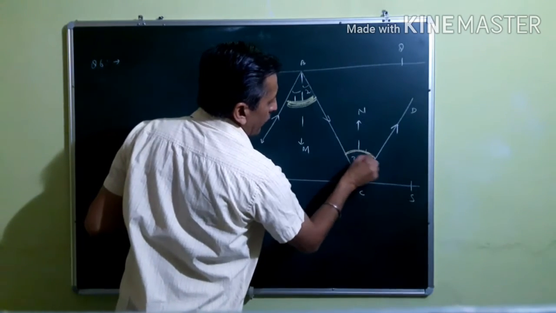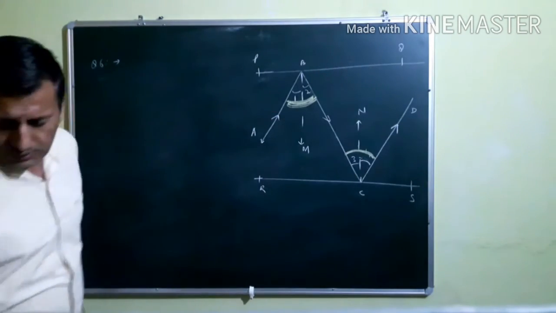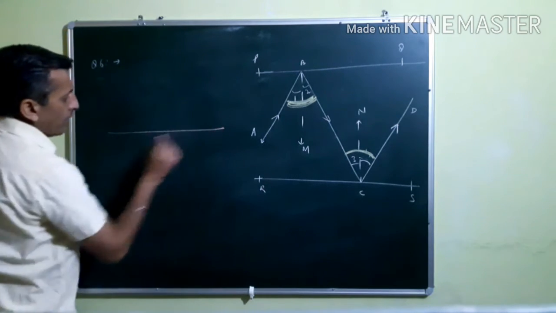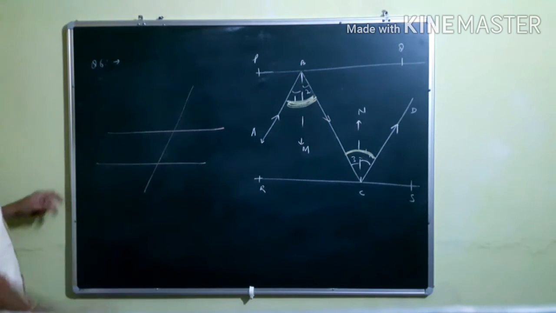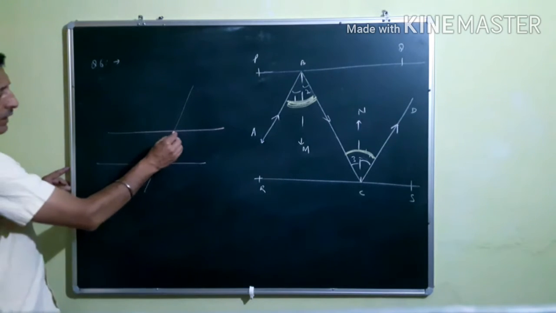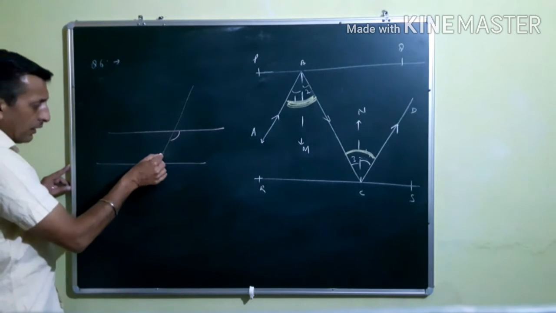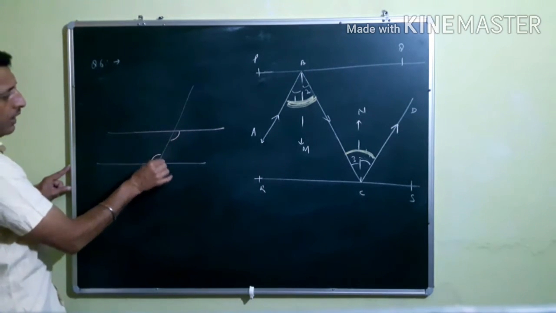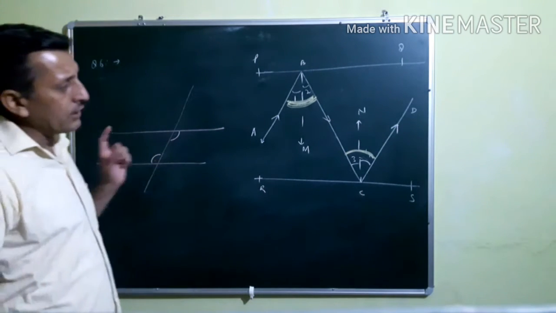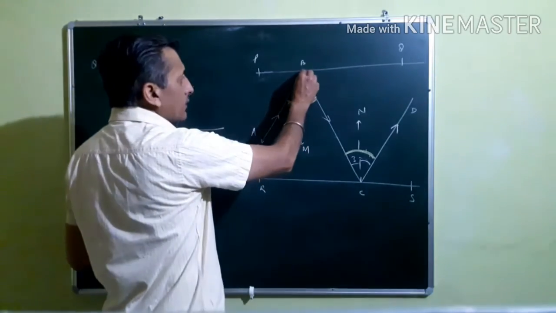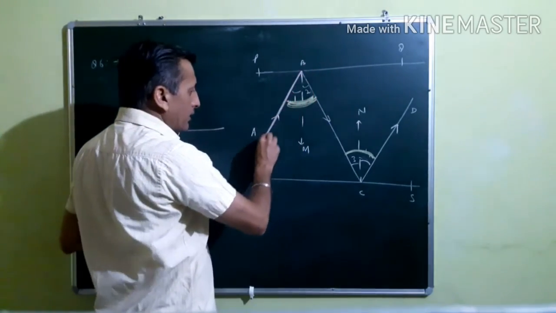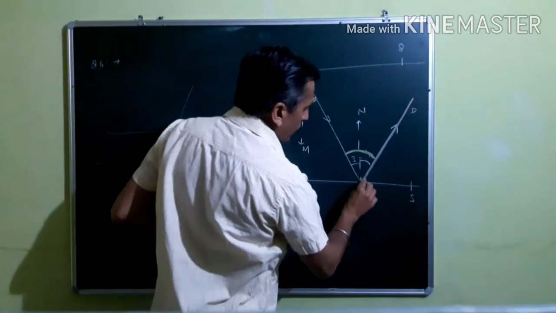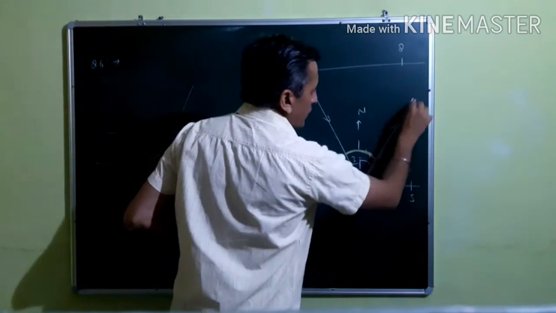Once again I am going to use the same concept. If two lines are parallel and this is any transversal, then if you show that the alternate interior angles are equal, naturally the lines are parallel. This is the first red line and this is the second red line.